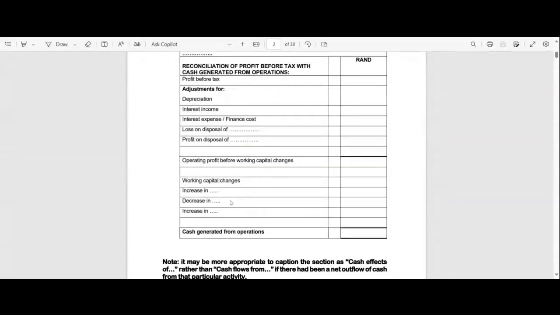Now, what are those current assets and the current liabilities that relate directly to our operations? By the way, ladies and gentlemen, we now encounter a new term. Those particular current assets, and those particular current liabilities that relate directly to our operations, is referred to as our working capital.